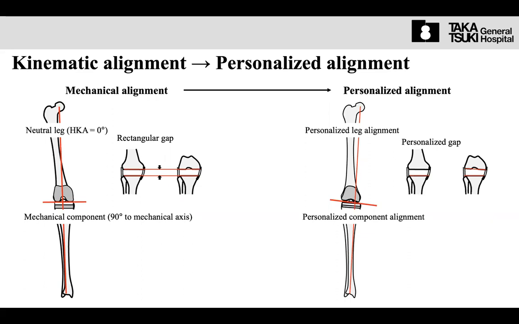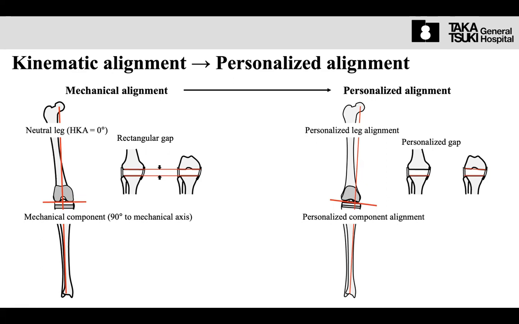Because at the time of surgery, the soft tissue situation can change from the native situation, such as MCL shortening, lateral side looseness, and ACL and PCL sacrifice.